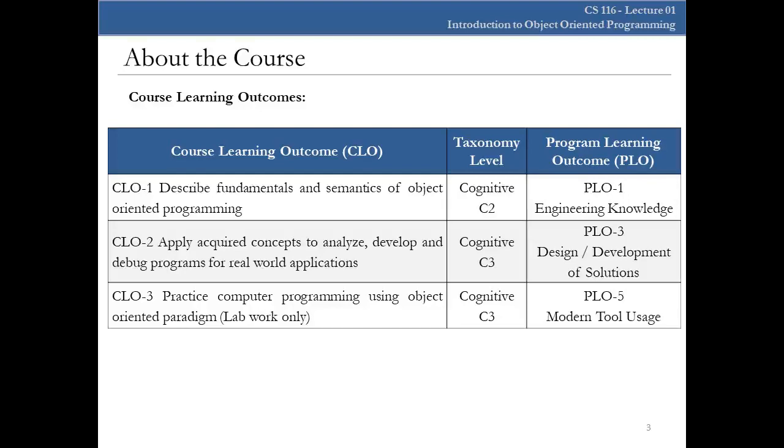C2 means comprehension and C3 refers to application. So that means that by the end of this course, you should be able to describe and explain fundamental concepts of object-oriented programming, as CLO1 says. And according to CLO2, you should be able to apply those fundamental concepts to solve real world problems, right? That means you'll be applying the basic concepts. That is application level, C3, right?